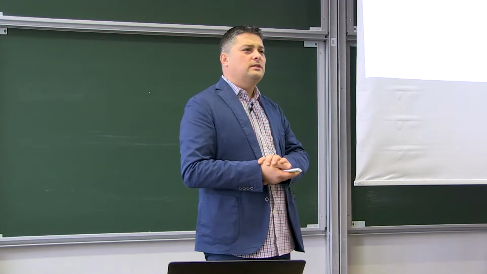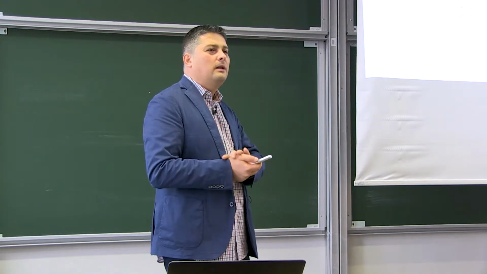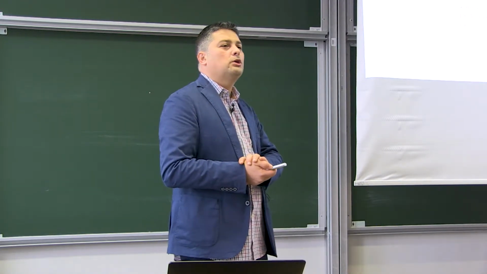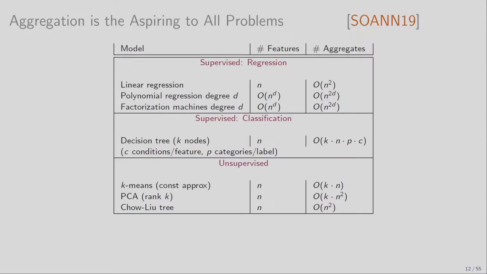But the beauty about this is that these aggregates are quite similar, and they all have to be evaluated over the same join. In particular, I will dig more in this course into the linear regression case because it is amenable, and I think it's easy to understand without requiring a lot of hours of inspection.